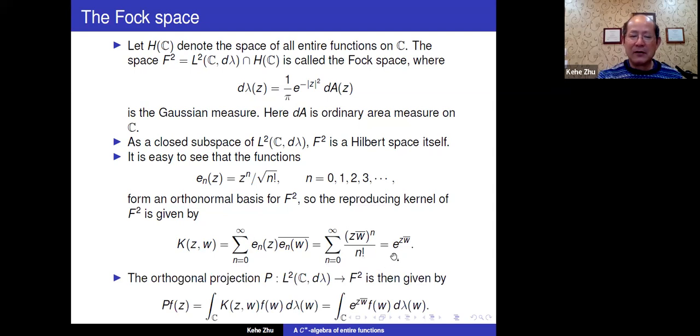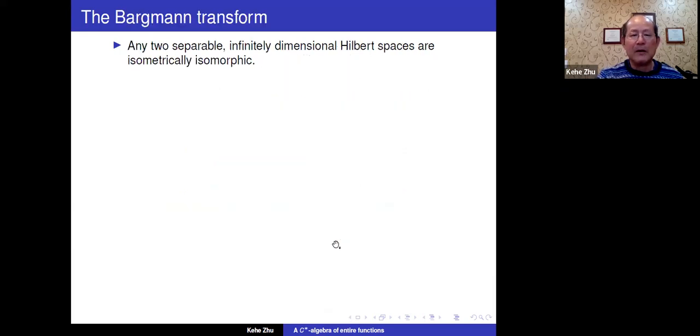Using this normalized reproducing kernel, you can represent the orthogonal projection from L2 to the Fock space as an integral operator. So all this is well known, pretty easy to do. In particular, if you're interested in the theory of Fock spaces, you can look at my 2012 book, Analysis on Fock Spaces. Everything over here is in that book.